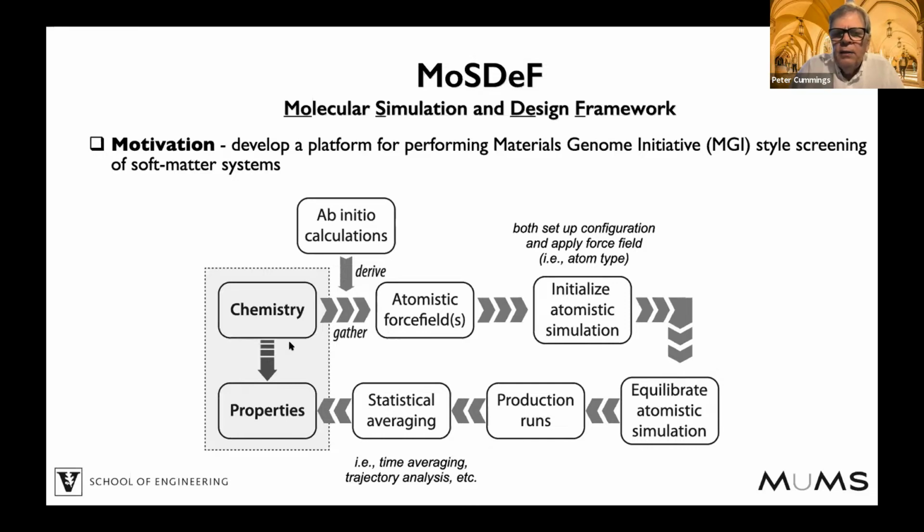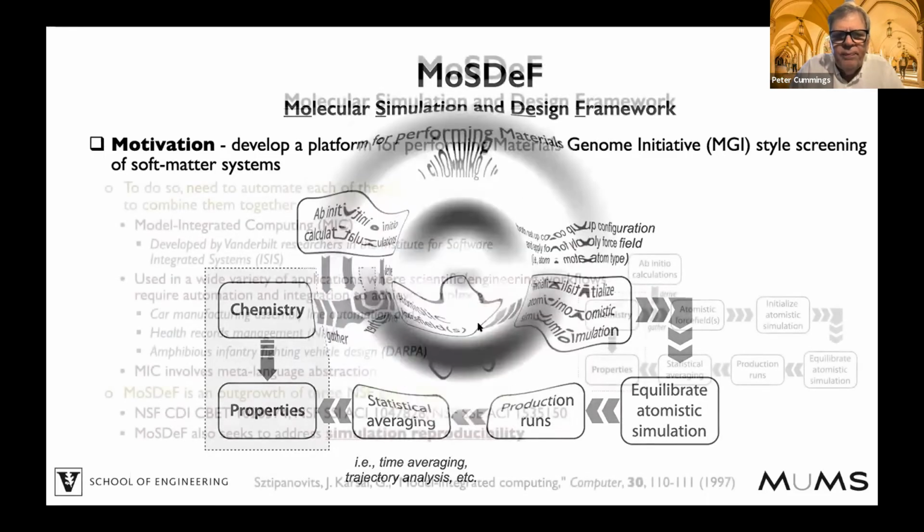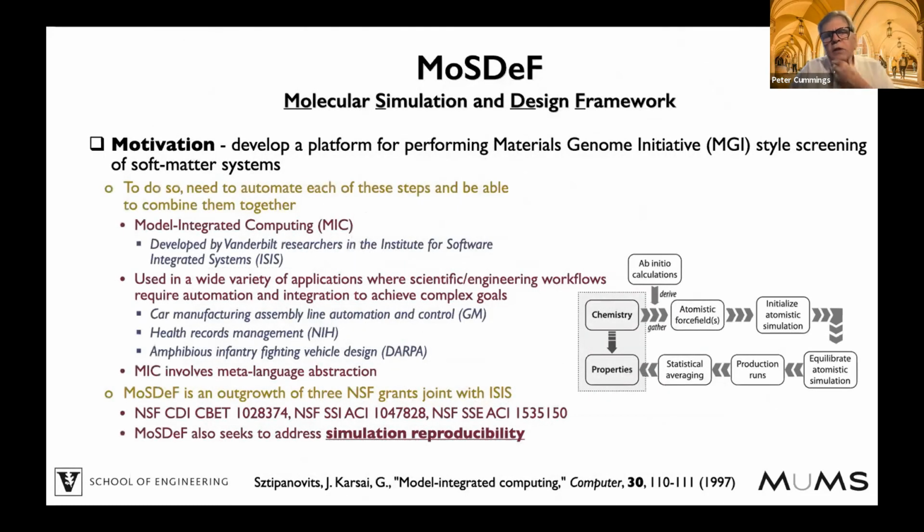And so this is a complicated set of steps that has to be done in order to connect the chemistry to the properties. So to develop this platform for doing MGI type screening, as I said, we need to be able to automate these steps and combine them together. And we were inspired by the software engineering field of model integrated computing.